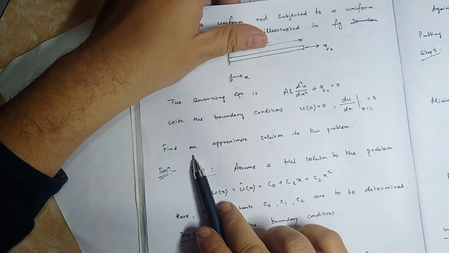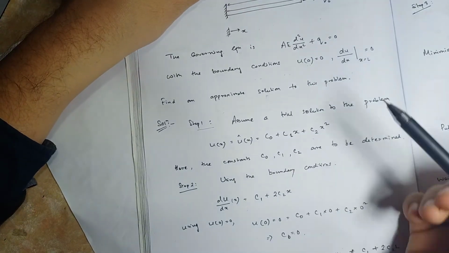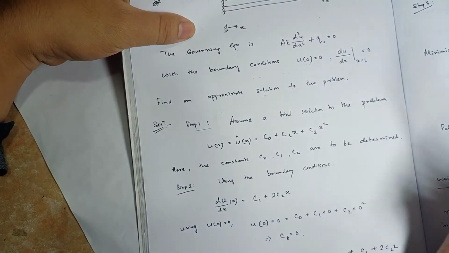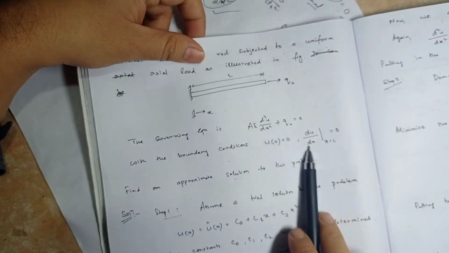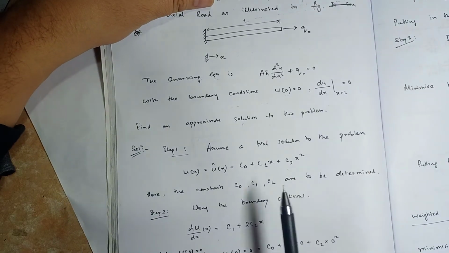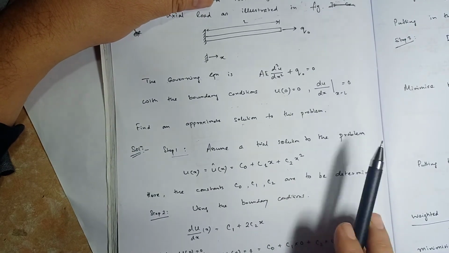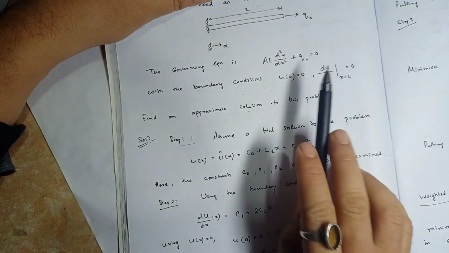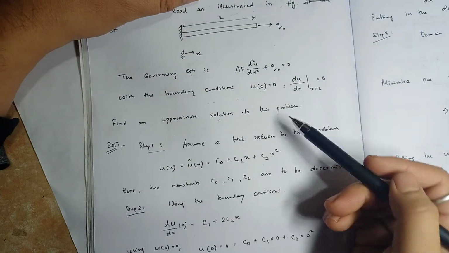So find the approximate solution of the problem in this case. This is actually given for you. Assume a trial solution for the problem. These boundary conditions should be given to you.